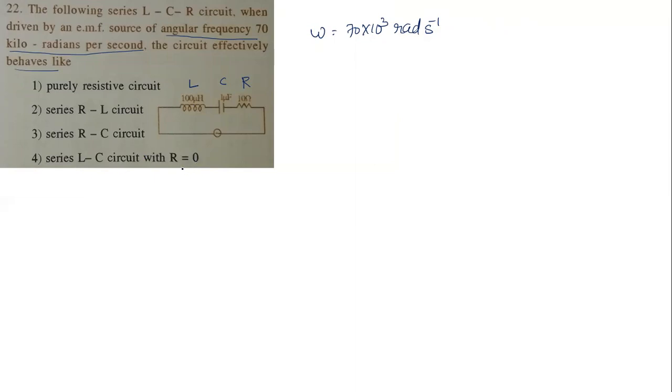Let me tell you the concept. Whenever this type of question comes, try to find XL and XC. First case, if XL is greater than XC, then it is an LR circuit.